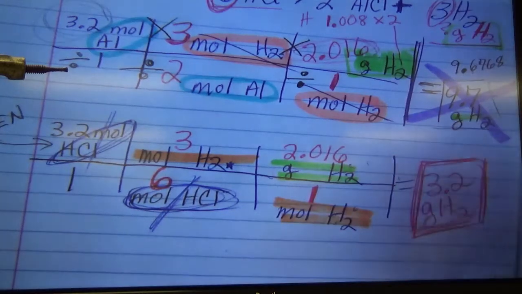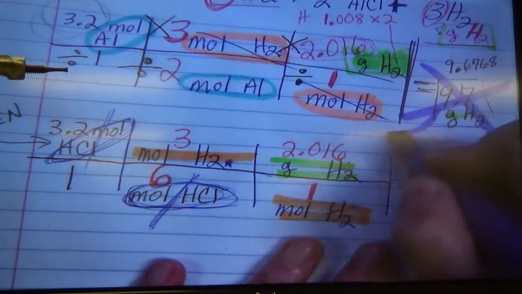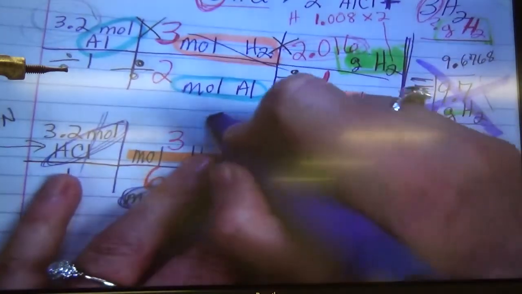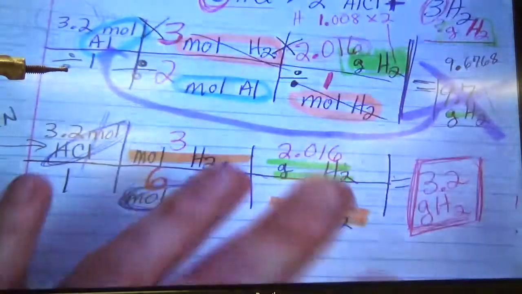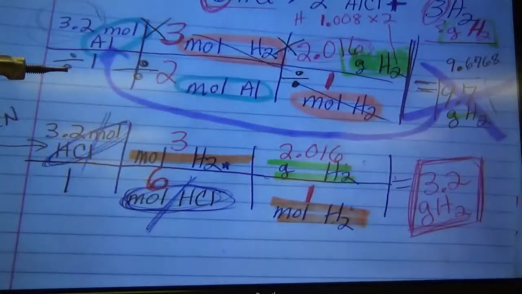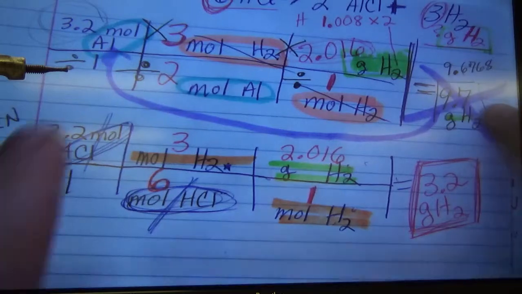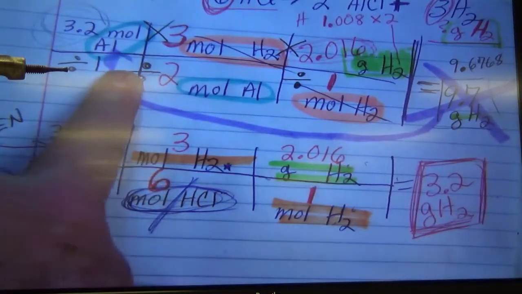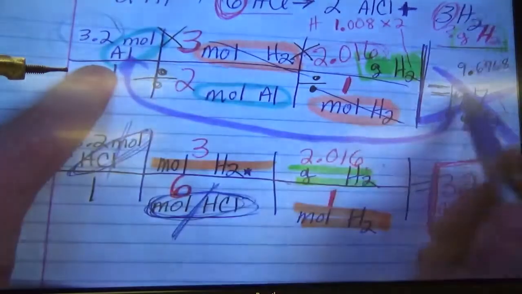Go back to the beginning. Whose fault was it? Who are we blaming? Ah, the aluminum. Aluminum started it all. See it? The bad answer came from aluminum. Well, because aluminum made the big answer, aluminum is the excess reactant. Aluminum is the excess reactant.